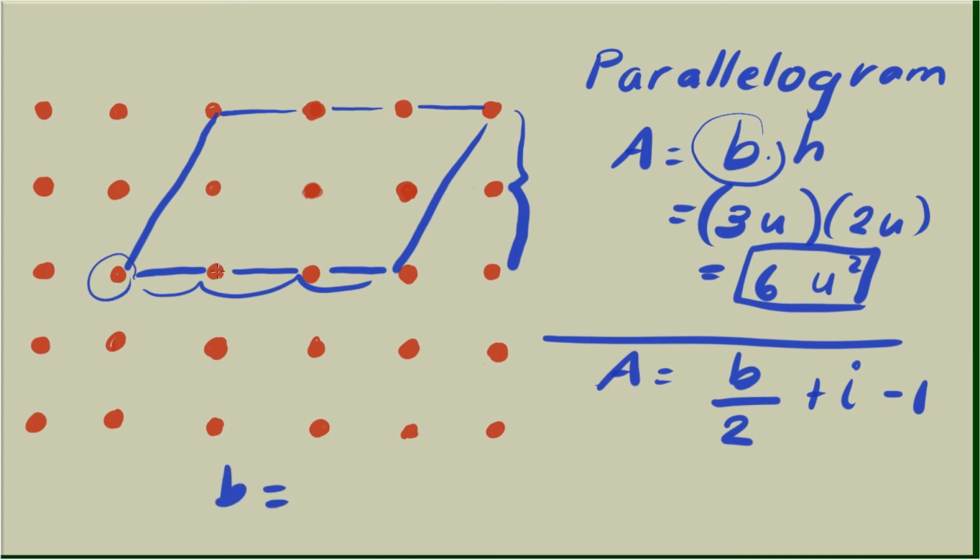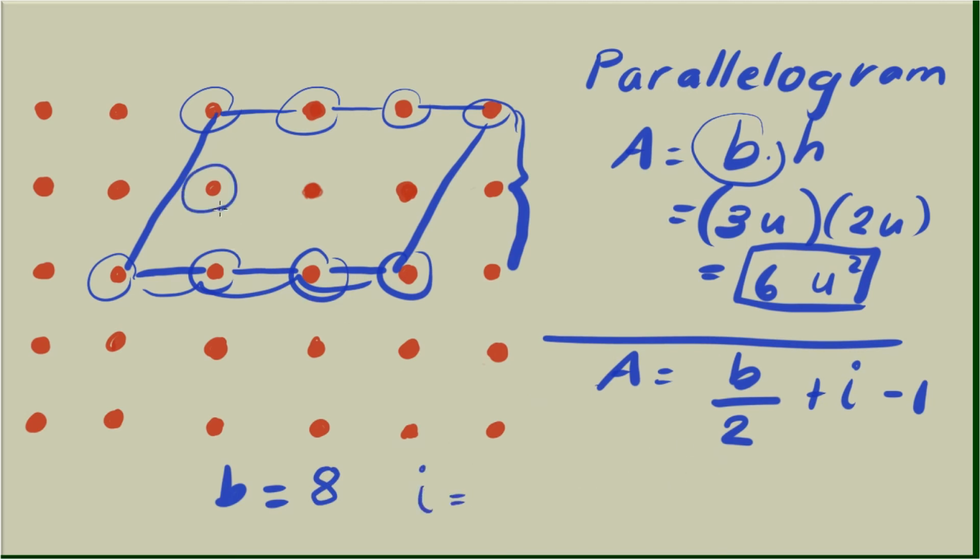Let's count. 1, 2, 3, 4, 5, 6, 7, 8. So we have 8 points on the parallelogram sides. And then how many points inside the parallelogram? 1, 2, and 3. So we have 3 interior points.